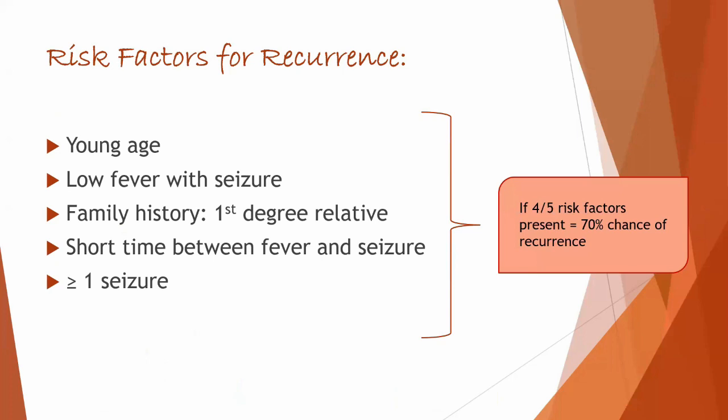Then if you have a first degree family relative that had febrile seizures, if there was a short time period between the fever onset and your febrile seizure, and if you have more than one seizure during your first episode of febrile seizures. So importantly, if you have 4 out of these 5 risk factors, then you have a more than 70% chance of recurrence of a febrile seizure.